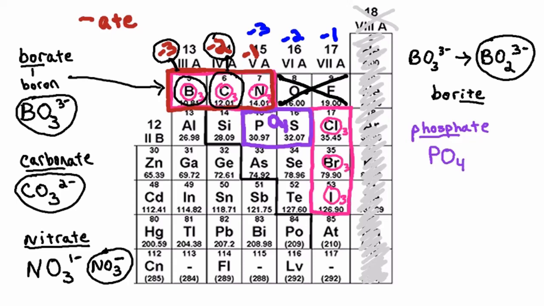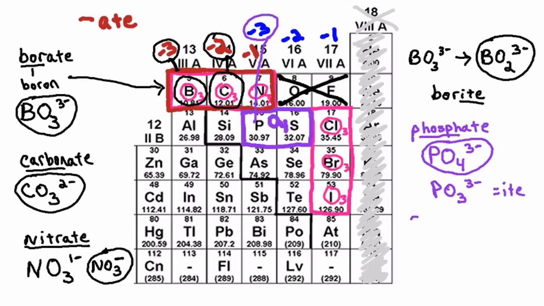And this is in column 5A, which gets a -3 charge. So we're going to have a 3 negative charge. That will be phosphate. If you want phosphite, then just take away one of the oxygens and leave the charge number the same, and that would be phosphite.